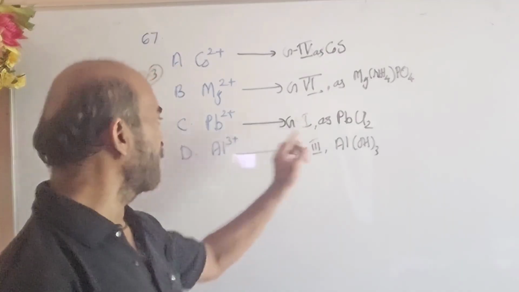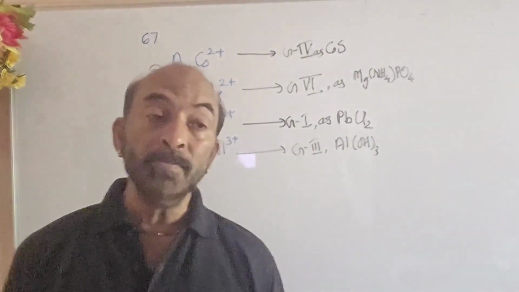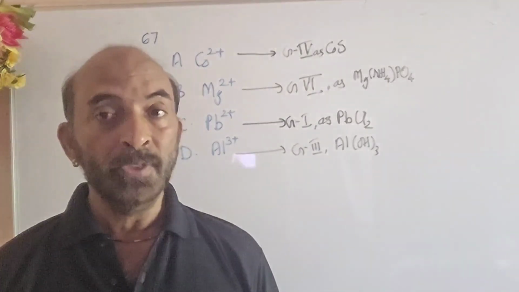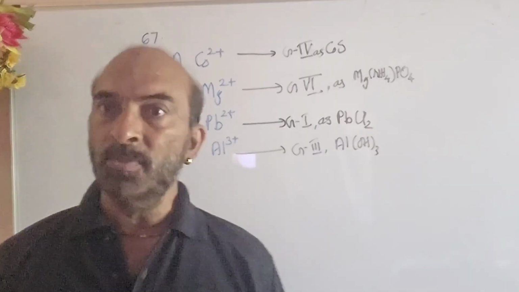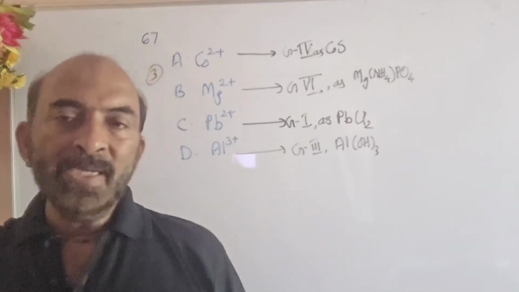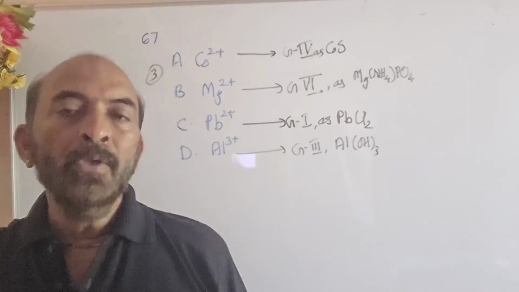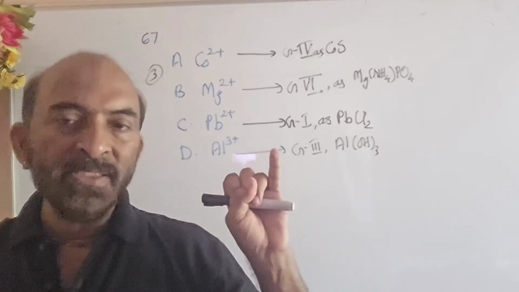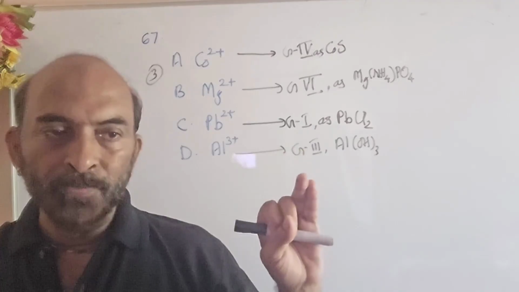So that is precipitated. And aluminium ion gets precipitated in the third group as its hydroxide. The reagent is again ammonium chloride, ammonium hydroxide. Then a white gelatinous precipitate of aluminium hydroxide is precipitated. You have to remember that in the group analysis, only the first and second group ions are precipitated in acidic medium.